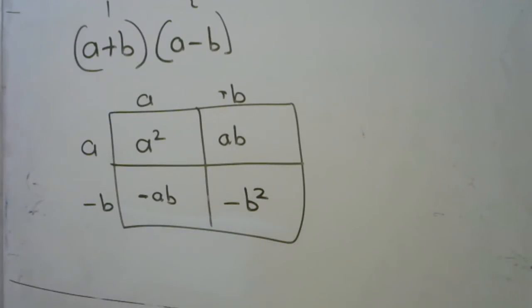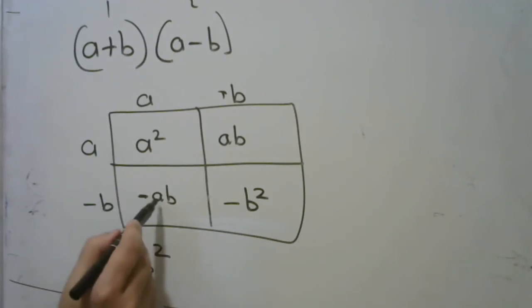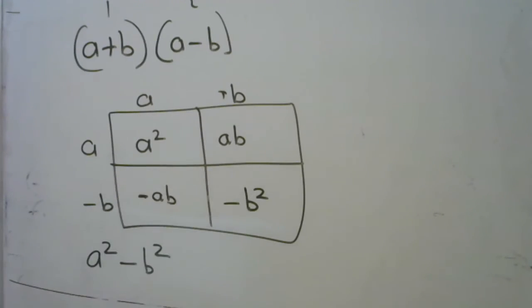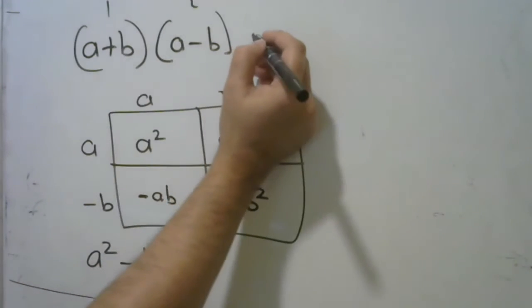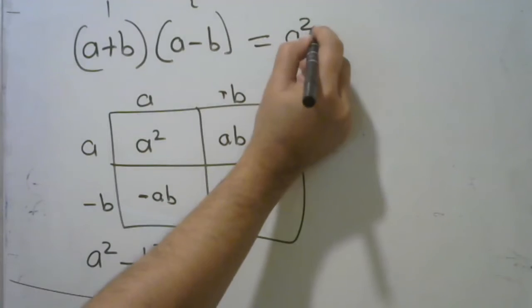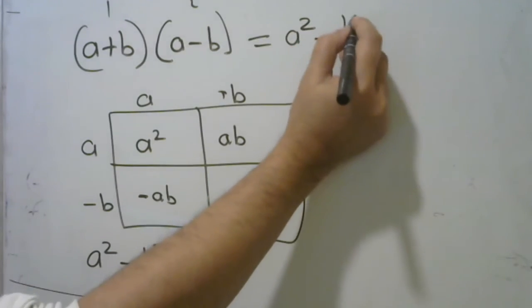So our answer would be A squared minus B squared, and minus AB plus AB is going to cancel out. So A plus B times A minus B gives us A squared minus B squared.